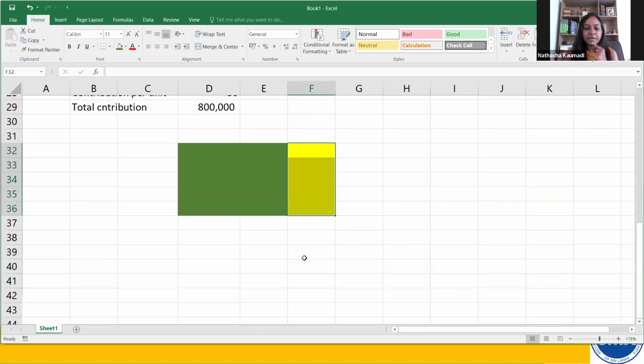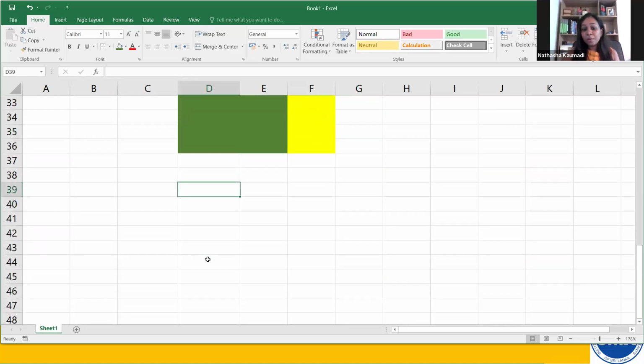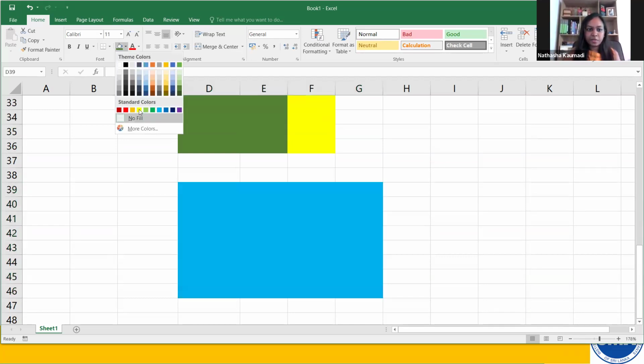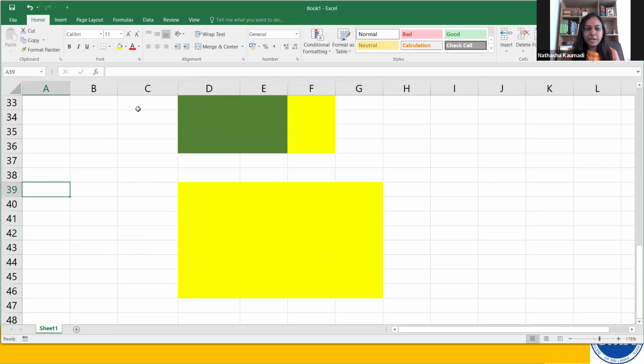So as you can see, if I draw the whole picture, I would say the yellow color is revenue. This is total revenue. Shall we remove total variable cost?